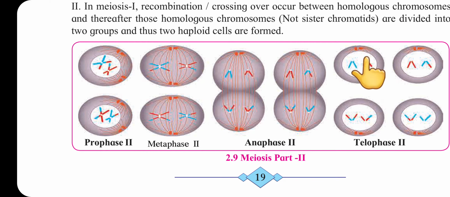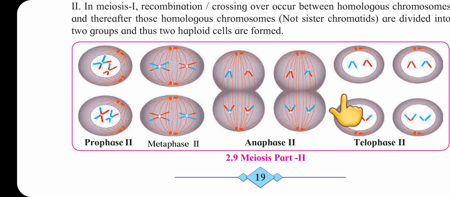Then we'll learn about meiosis part 2, which is just like mitosis. In this stage, the two haploid daughter cells formed in meiosis 1 undergo division by separation of sister chromatids, and four haploid daughter cells are formed from this cell division.